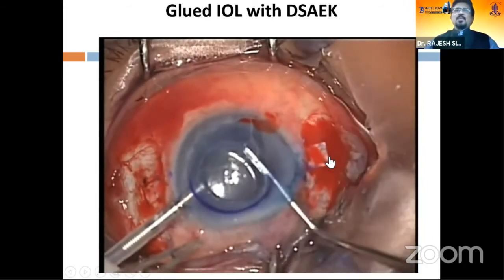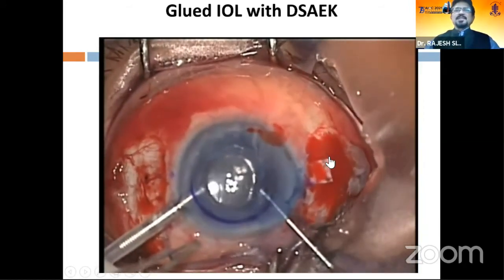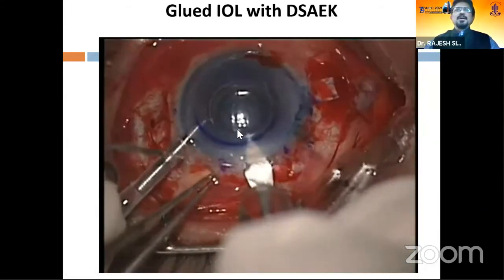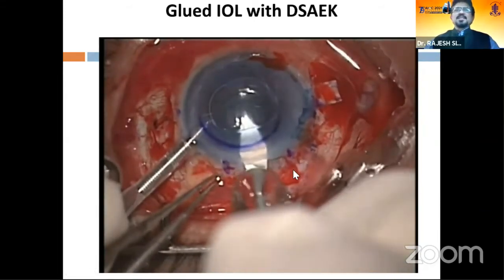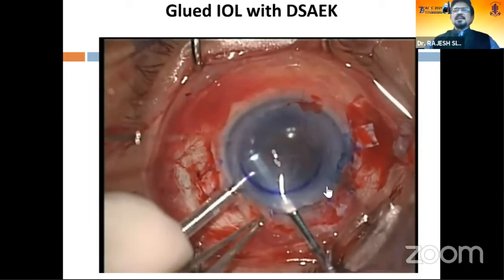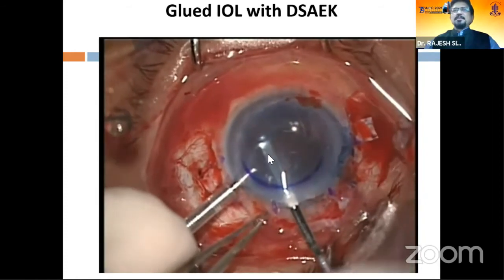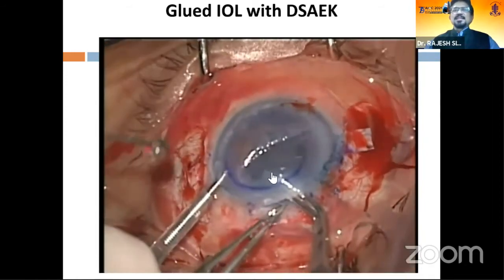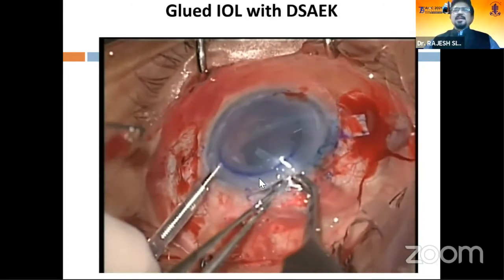So I'll come to that, why I do that and what is the rationale for that. So after doing all these, the Descemet scoring is done, and then the incision is enlarged, and the remaining Descemet, whatever is there, is removed, and then after enlarging the incision, the IOL is being removed.